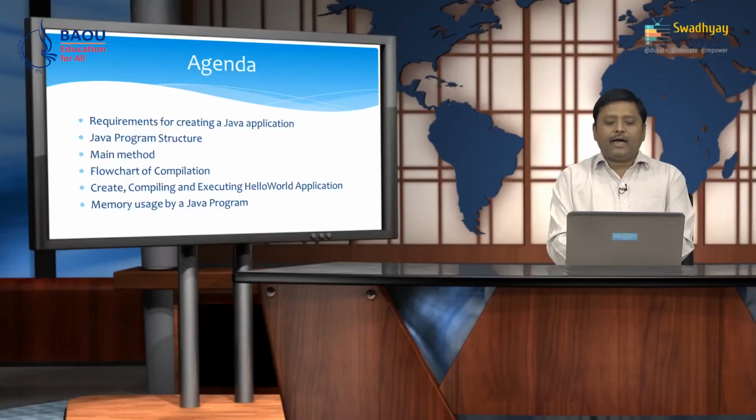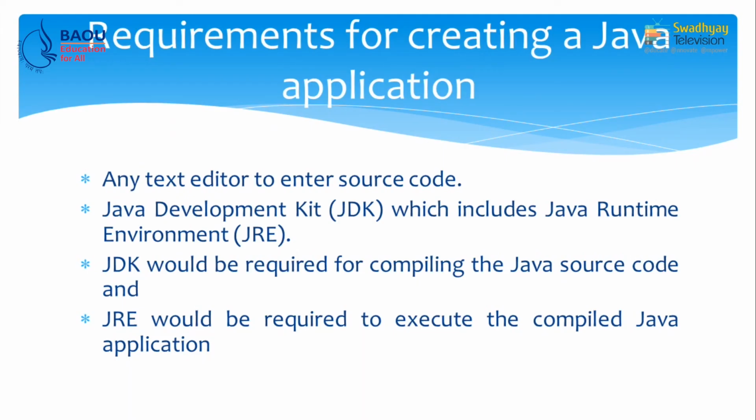So, we start with the requirements for creating a Java application. For creating a Java application you require any text editor to enter source code. Examples of text editors are Notepad, and VI editor in Linux, that you can use to write your Java program, but they do not provide any features like syntax highlighting, automatic code completion, etc. For this reason we use NetBeans IDE.